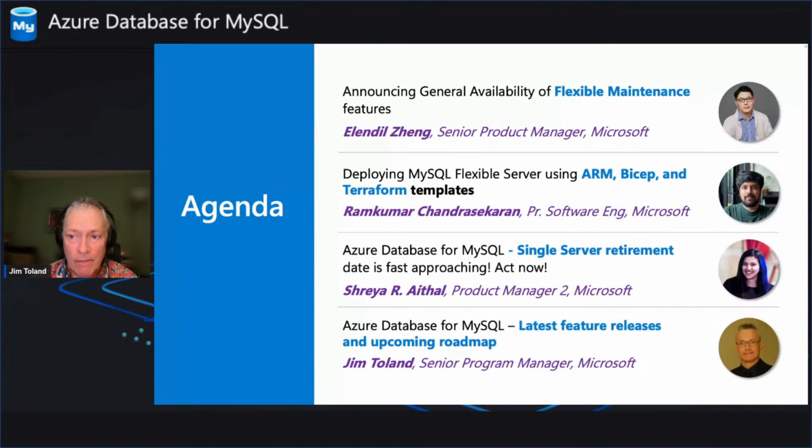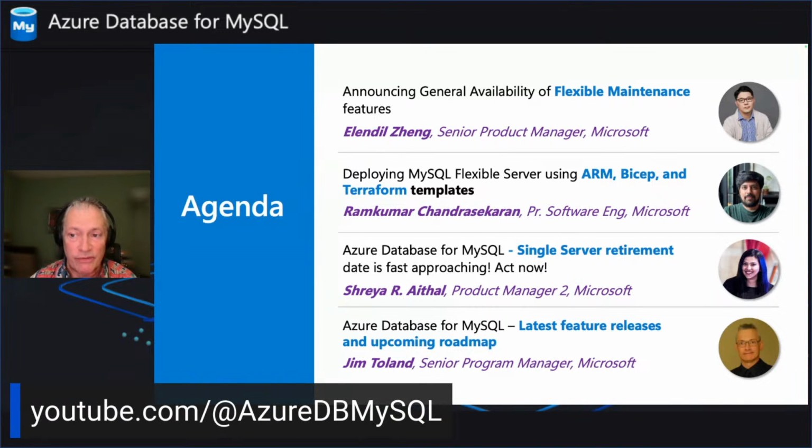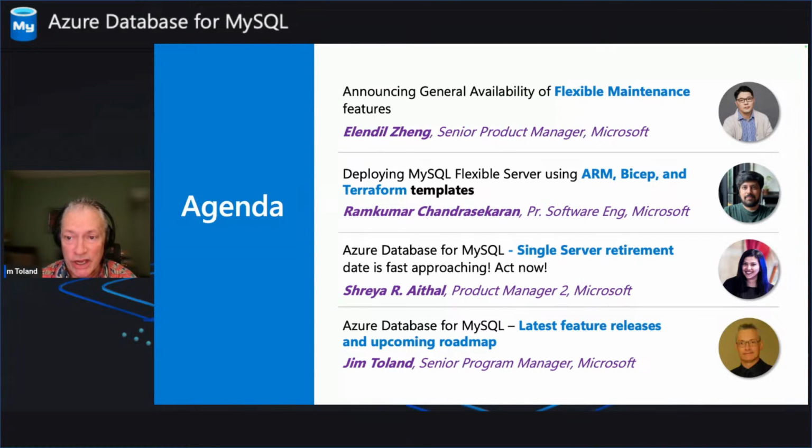And we've got Ram, a principal software engineer from Microsoft, to speak to us about that. And then finally, we're going to reiterate and share a little bit more information about the single server retirement date, which is quickly approaching. And we'll have Shreya Atal, a product manager for Microsoft. And then finally, I'll wrap up things with the latest features and upcoming roadmap.